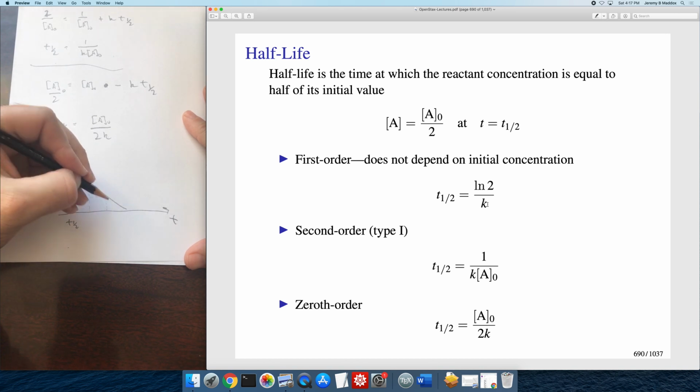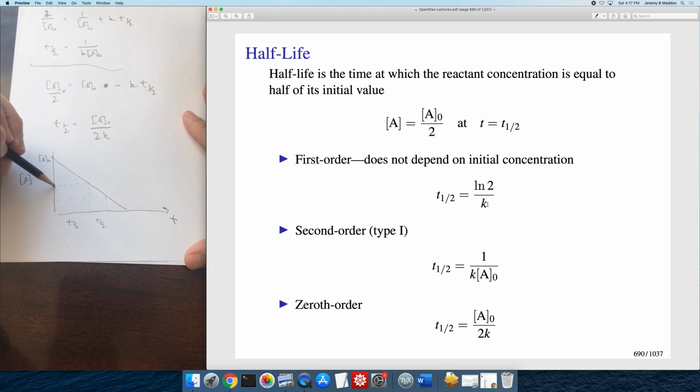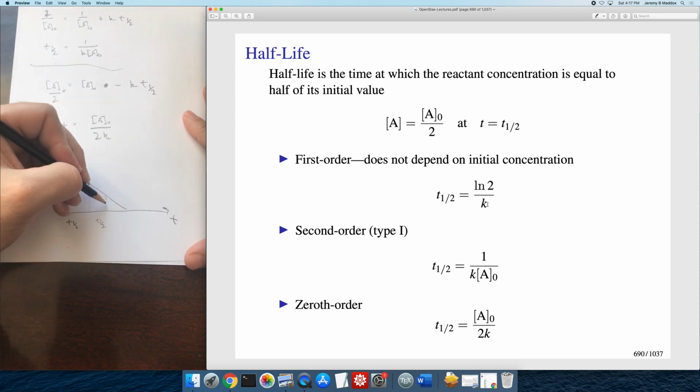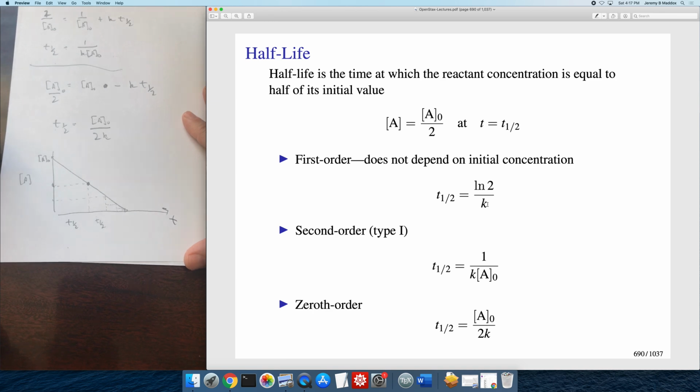We see that the half-life interval has now decreased, because this is now our initial concentration. And so to go to half of that, the time is shorter. And it shortens again and again. And you see that it goes down to 0 eventually. This is where the zeroth order reaction ends.